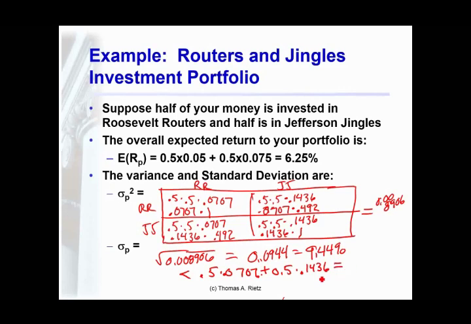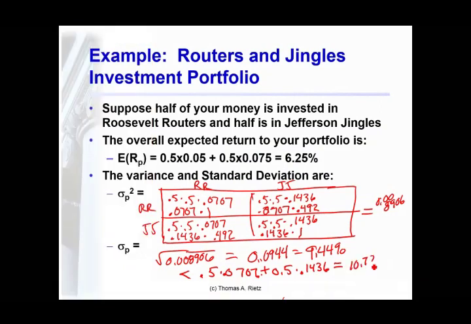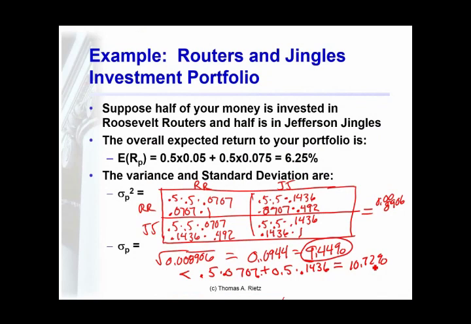Because the weighted average is a half times Roosevelt Routers, plus, in parentheses, a half times Jefferson Jingles, 10.072%. So this standard deviation reflects a reduction in risk relative to the simple average of the two individual investments' risk. This is the benefit of diversification when you invest in more than one investment.